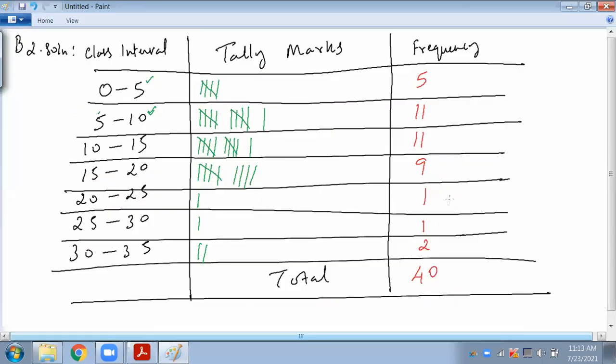What you can observe is that most of the engineers, if you see the frequency, the highest frequencies are 5, 11, 11, 9, and if you add all of these up, it will be more than 50%. 11, 11, 22, 22 plus 5 is 26. So we can say 50% of the engineers are living within 15 kilometer.